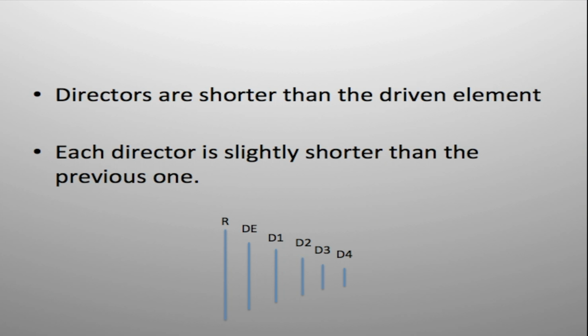Now here's the key rule. Every director is shorter than the driven element, and each director after that is a little shorter than the previous one. This creates a controlled phase progression that steers energy forward.